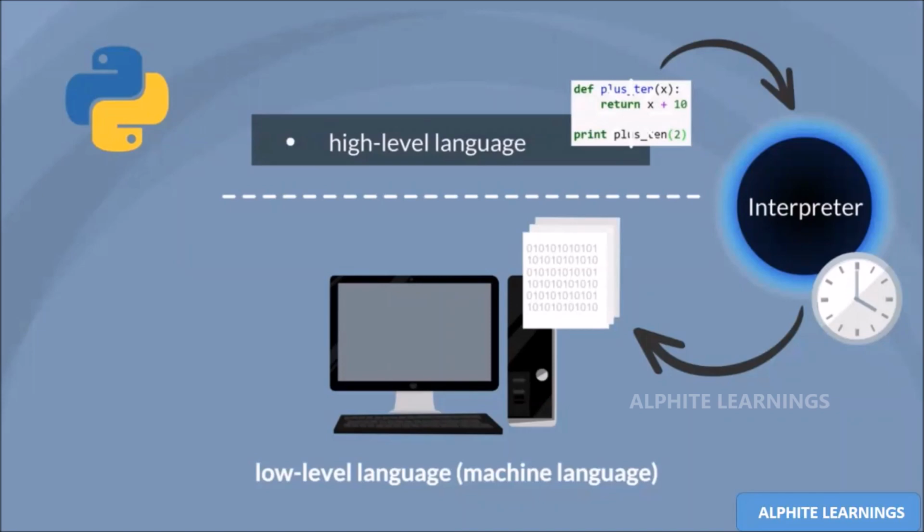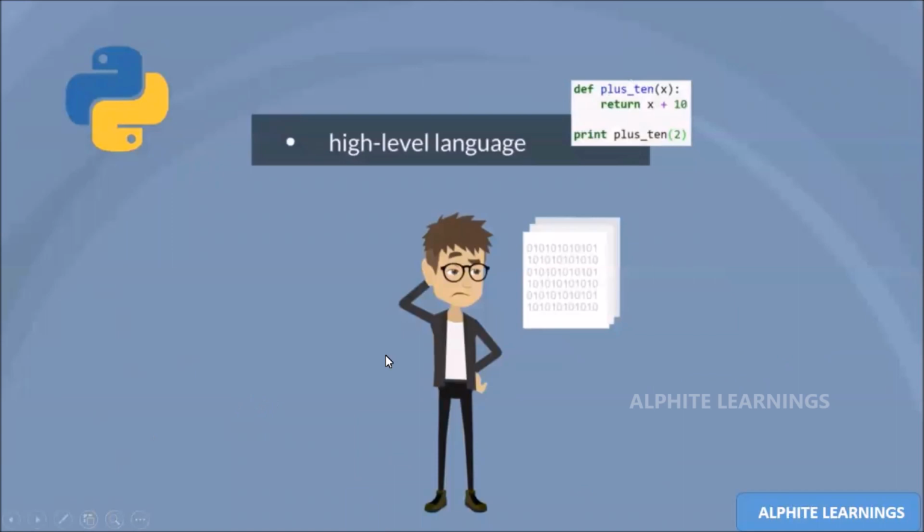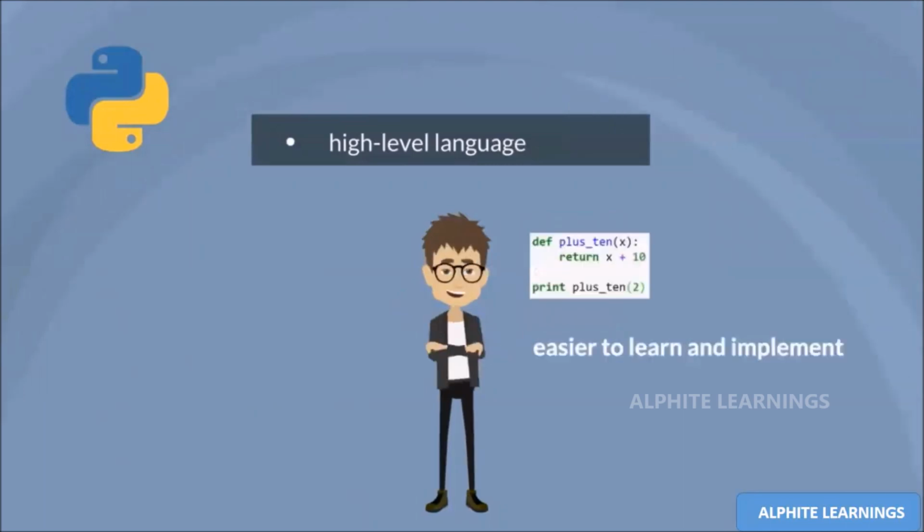If I don't even want to waste that minute time, my only possibility is to study binary code. Is it possible to develop everything in binary code? It is highly impossible. That's why we have easier to learn and implement high level languages.